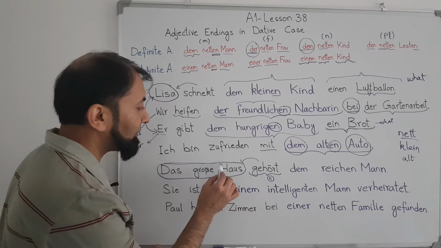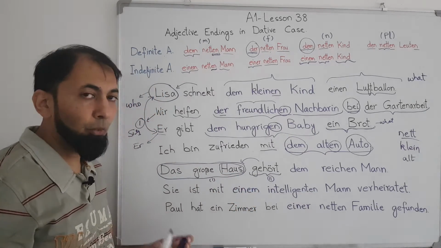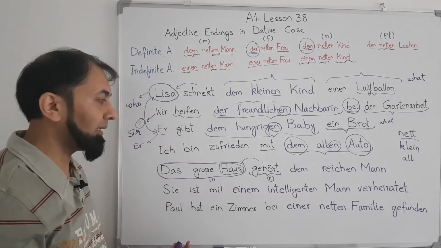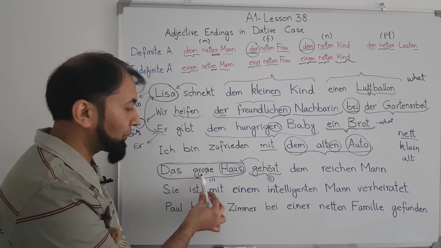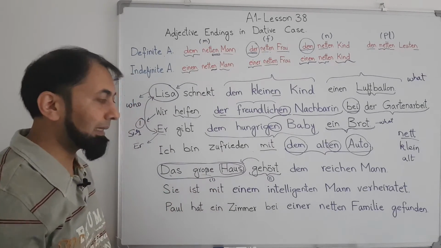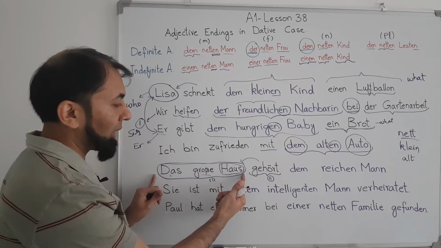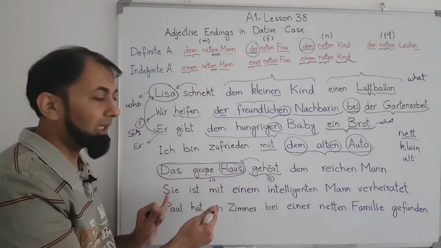And here we have the noun house, which is a neuter noun, and we know that the neuter definite article for a nominative case is das. And here we are using again an adjective, but this adjective is in the nominative case because it is used for a noun which is in the nominative case.